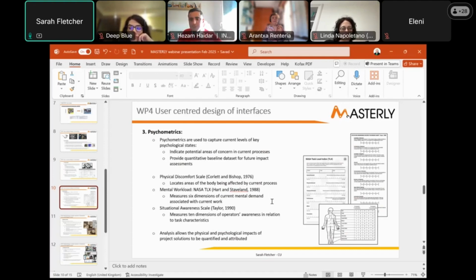So we want to ensure that we also achieve an optimal level of awareness in relation to task characteristics. And this analysis overall allows us to understand the physical and psychological impacts of the project solutions and quantify them. So those three together allow us to understand the user-centered design of the interface, to improve it, and to understand better what needs to be allocated to a robot.